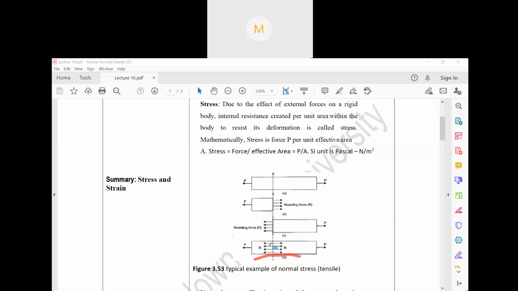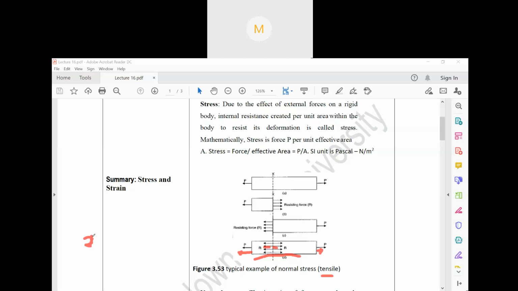This is the basic principle of how stress will act. Now this force is tensile. Why tensile? Because it is being pulled. If you see the direction of the arrows, both sides have a pull.